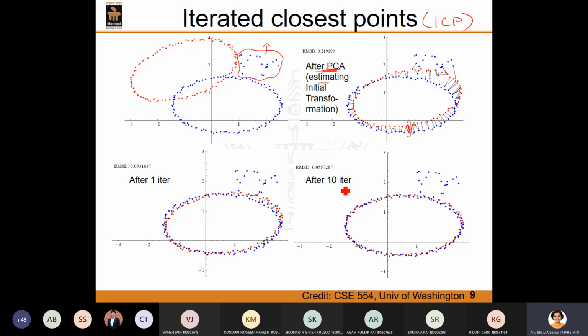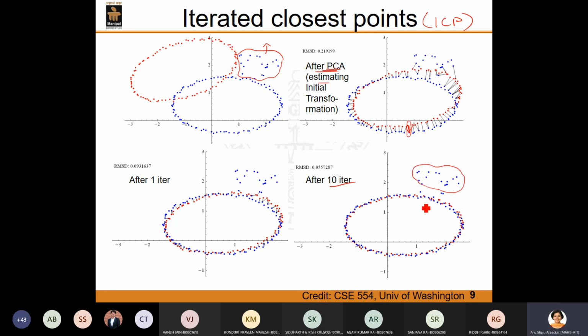So finally, after 10 iterations for this particular example, we say that the source as well as the target set have somehow aligned with each other. Right now, as we see, there are points which are unused, and the outliers are still present.